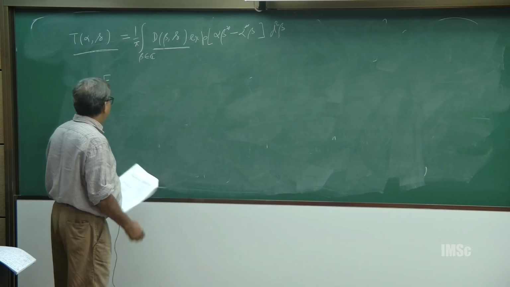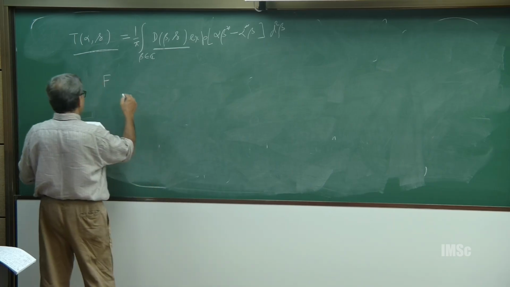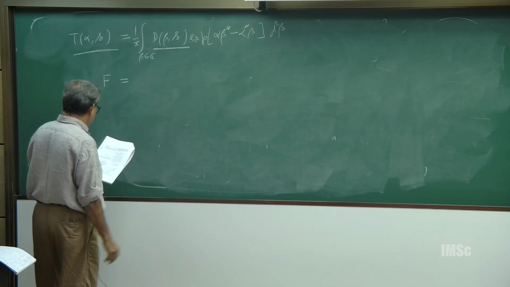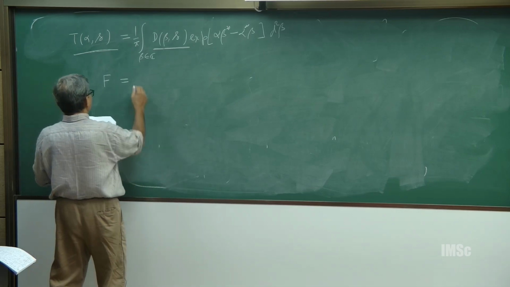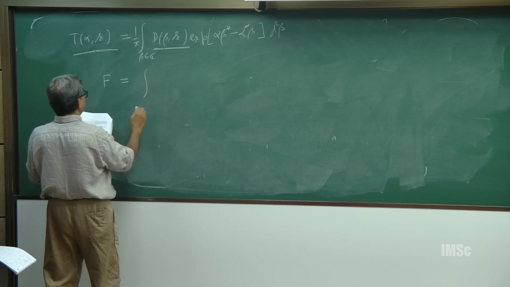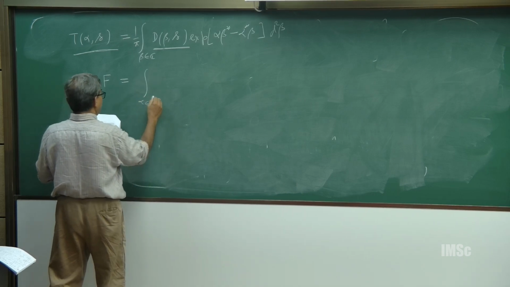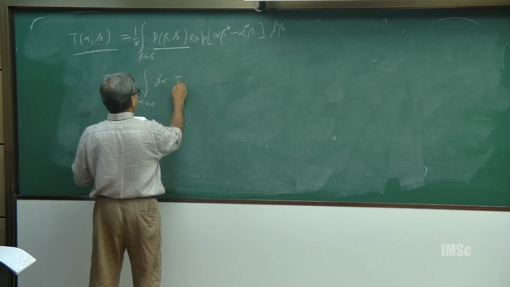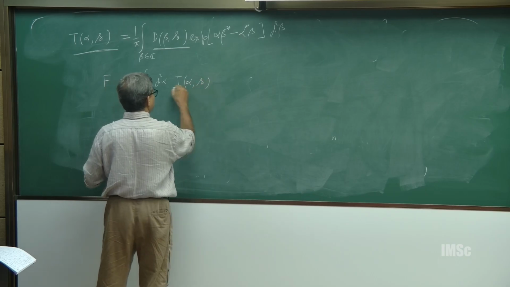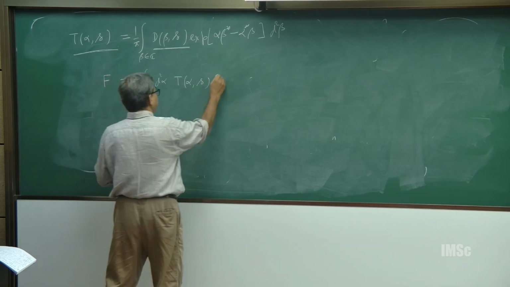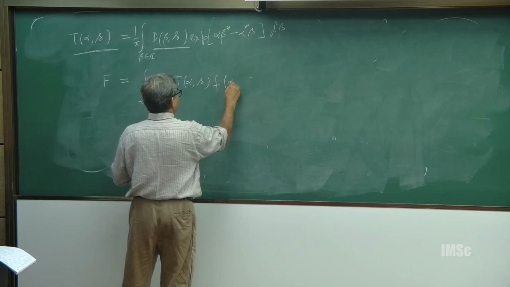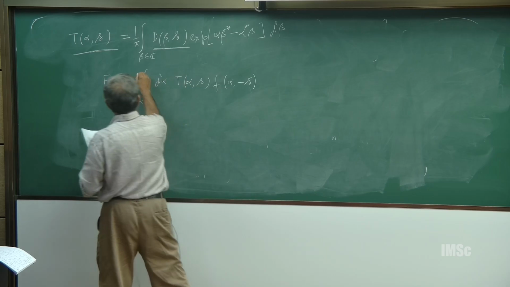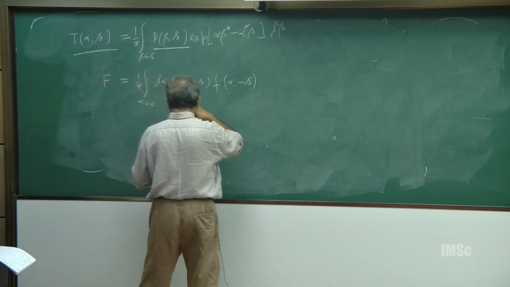Okay, good. So now I can write it in the same fashion which I have done for the displacement operator. I can write it as the integral over alpha belonging to C, d square alpha, of this operator T of alpha, s, multiplied by F of alpha, minus s, and then 1 upon pi.